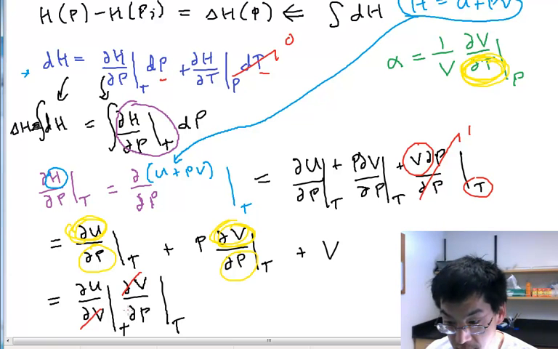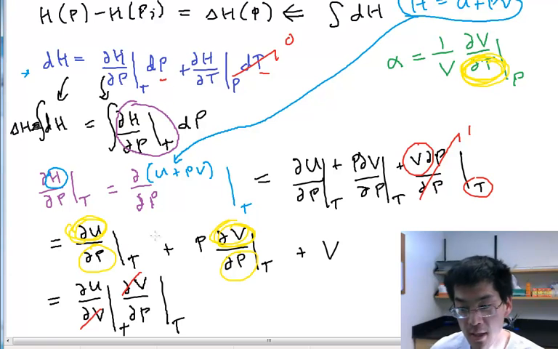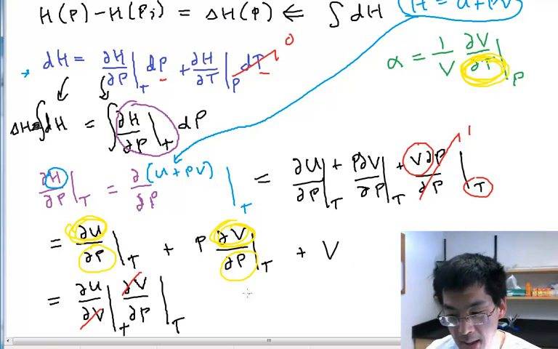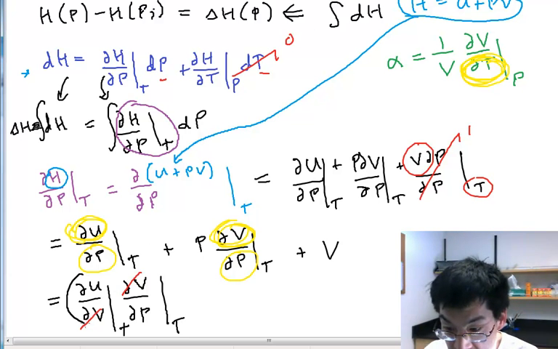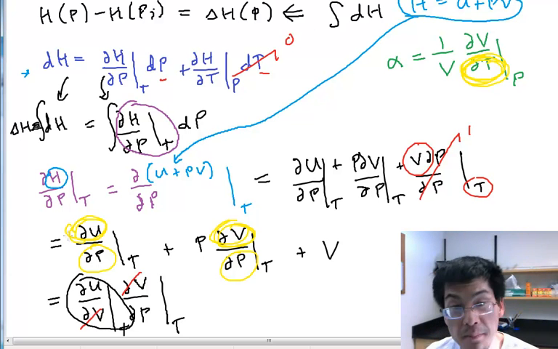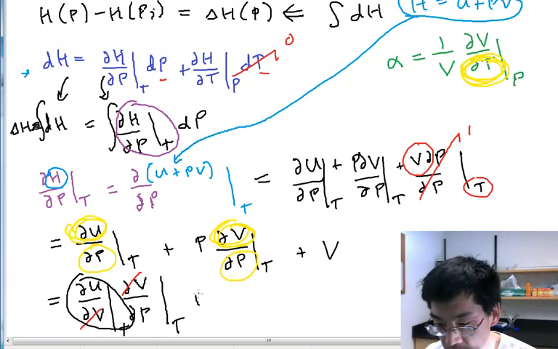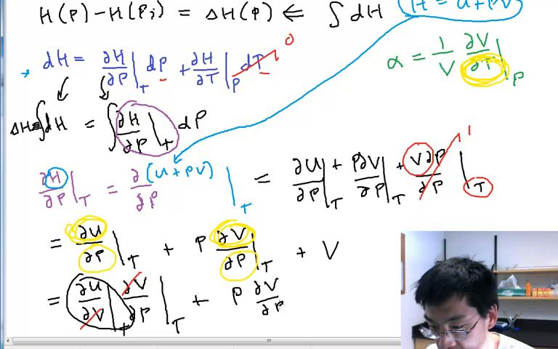This is still dU/dP, just like it is up here in yellow, dU/dP. So I haven't really done anything, but I've caused dU/dV at constant T to appear here in the equation, and now I'm going to take advantage of that soon. So this is plus P dV/dP at constant T plus V.